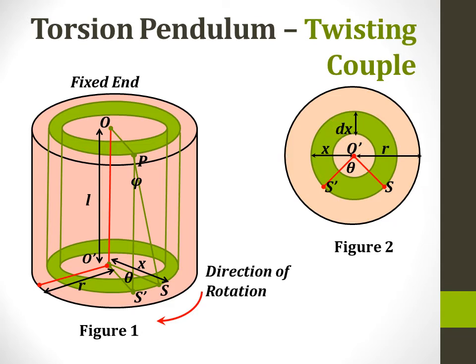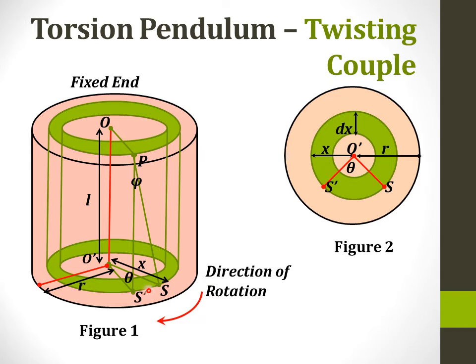Due to the twisting torque, the line PS is initially parallel to the axis of the wire OO prime, which is equal to L. Therefore, PS is equal to L. On the application of the torque, the point S gets displaced to S prime.